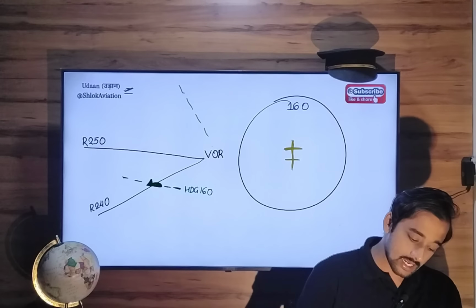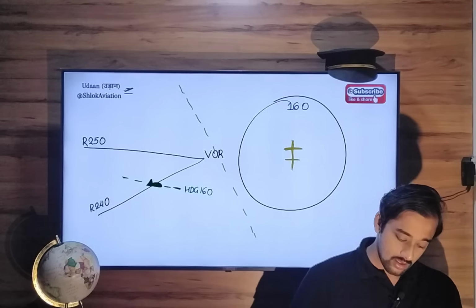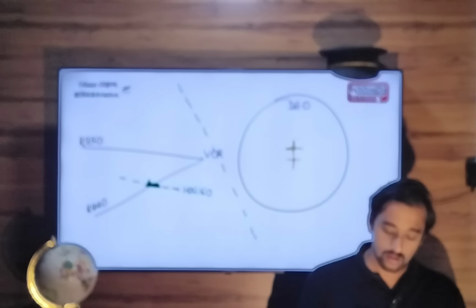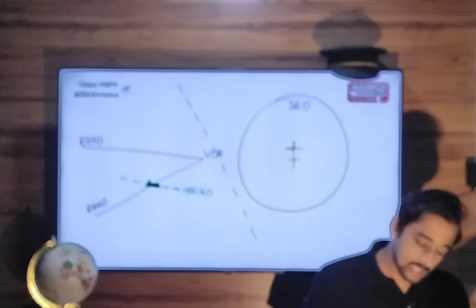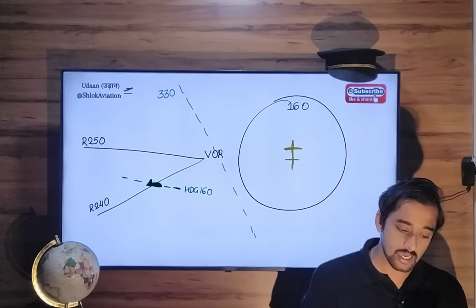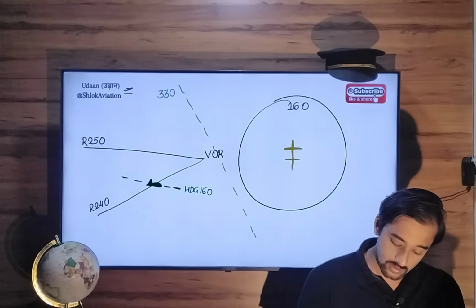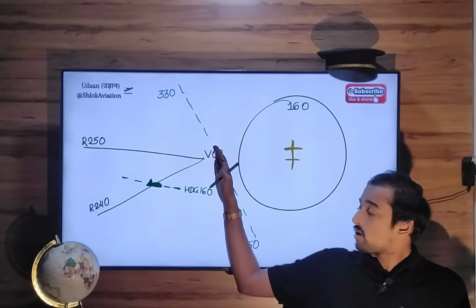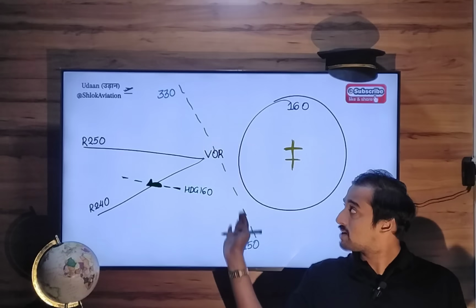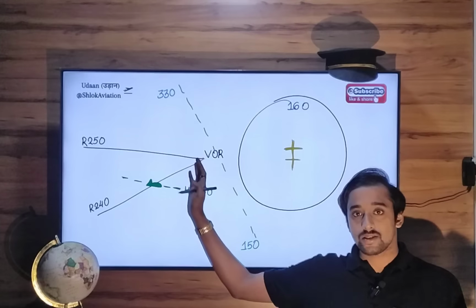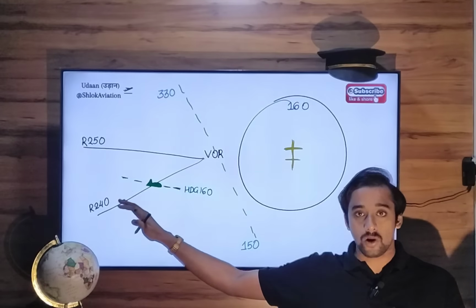If you are in a sector which is 240 plus 90, which is 330, and 240 minus 90, which is 150. So if you are situated in a sector on this side of the VOR between 150 and 330, this sector will take you away from the VOR.